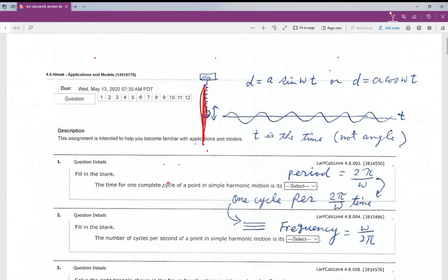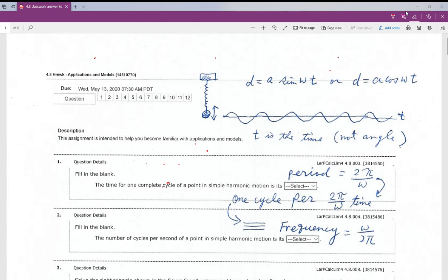It never has a graph going in this direction. It's up, down only. How come our graph is left, right? So how do I answer this question?